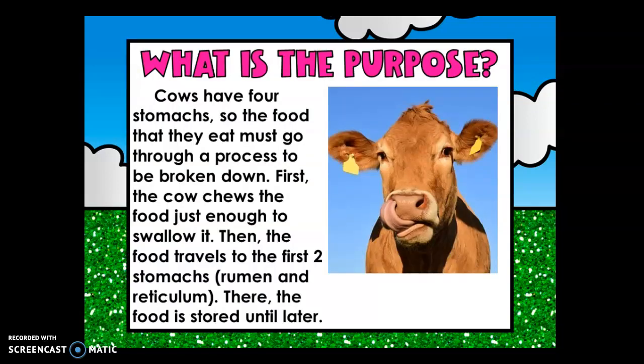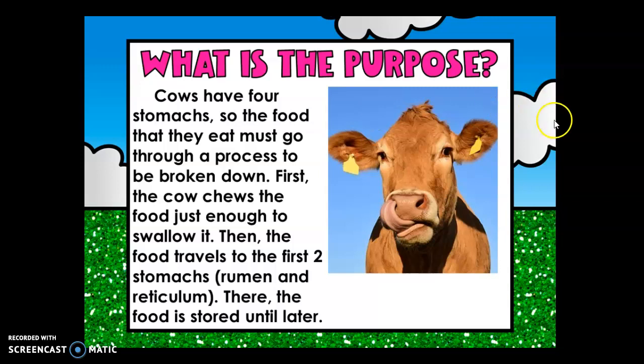What is the purpose? Cows have 4 stomachs, so the food that they eat must go through a process to be broken down. First, the cow chews the food just enough to swallow it. Then, the food travels through the first 2 stomachs, rumen and reticulum. There, the food is stored until later. So what is the purpose?